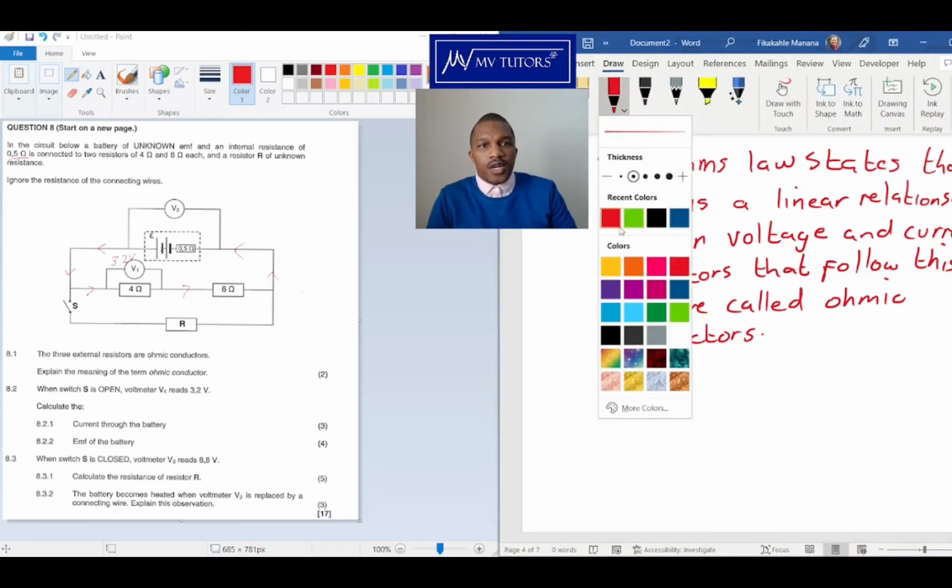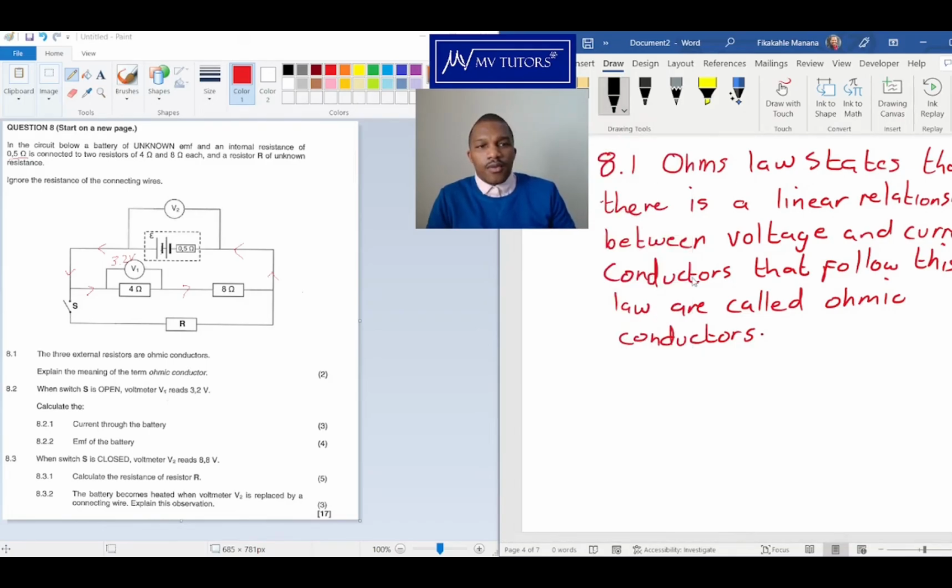Okay, so what we are going to do then, let's go back. What we're going to do for 8.2.1 is that we're going to calculate the total current using the resistance and the voltage that we've been given over there. Okay, so I like to draw my triangle.